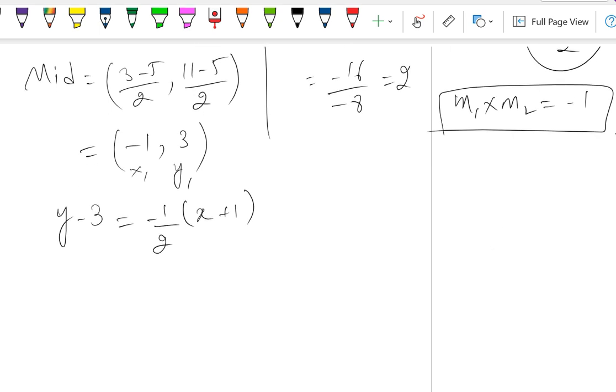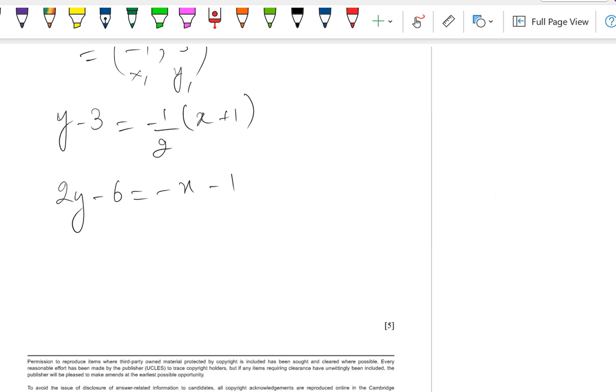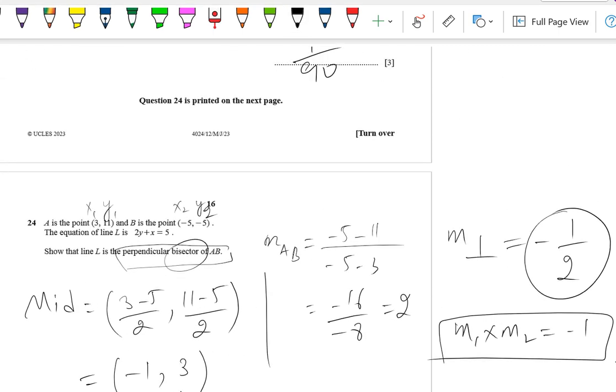Now you may simplify: 2y minus 6 equals minus x minus 1. So the equation could be 2y plus x is equal to 5.